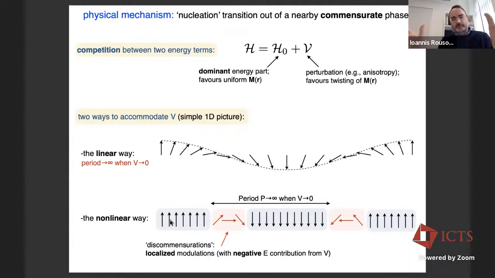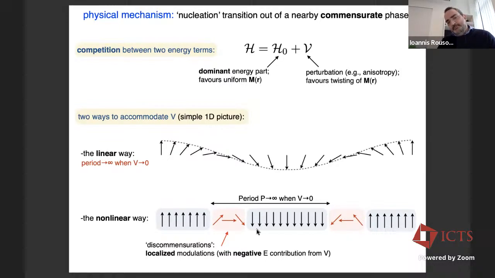And there is also the nonlinear way, which is anything in between, where you take different versions of the parent commensurate phase, here a domain with up spins separated by a domain of down spins, and then you put in between so-called discommensurations, which are what we call now localized or particle-like modulations of the order parameter that typically cost energy, but here, because there is this interaction V, that gives a negative energy contribution.